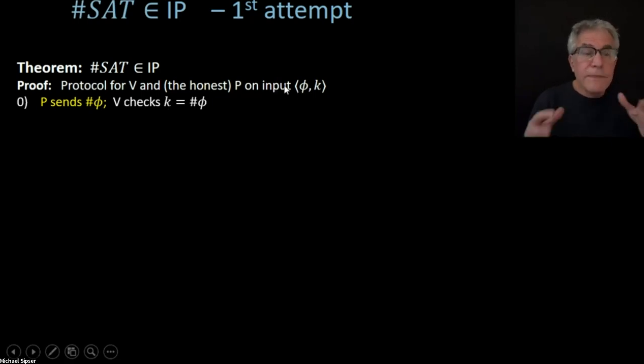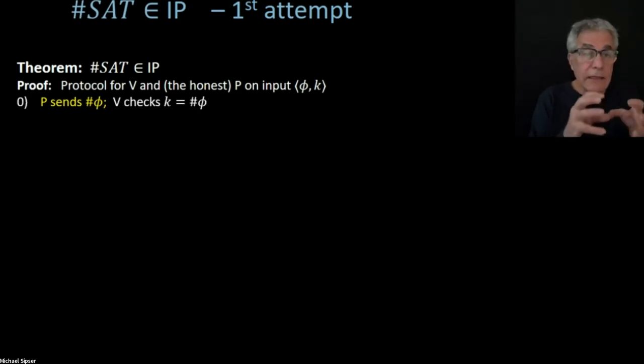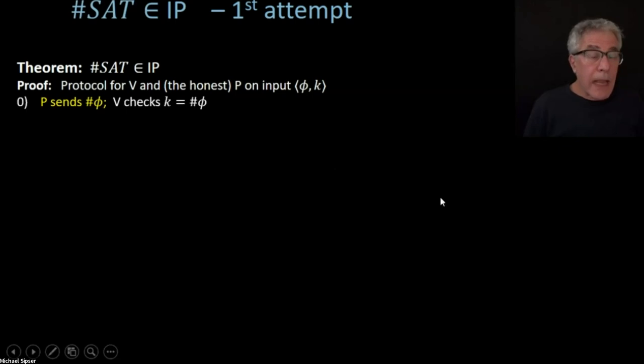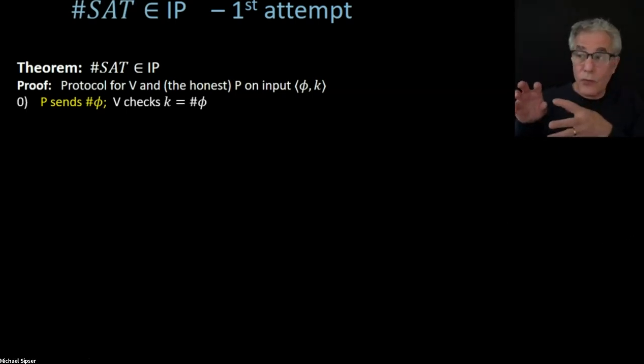And I think it's best to understand this first with the case that the input is in the language, so k is correct, and we have an honest prover. And then we'll understand what happens if k is not in the language. We'll see that no matter what the prover tries to do, the verifier is going to end up not accepting. And again, this is just a setup for the real protocol.